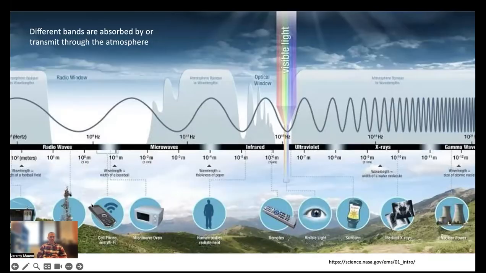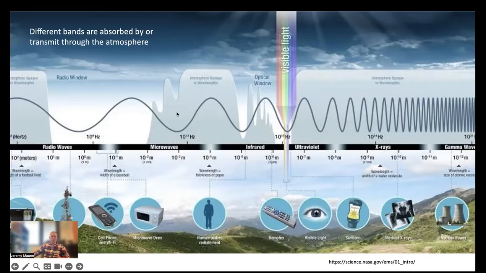Different wavelengths or frequencies are absorbed or transmitted differently through the atmosphere. Visible light is obviously one that's transmitted very well. A lot of our shorter wavelengths get blocked by the atmosphere, which is good for us. And again, you see there are various areas where more or less of the signal gets transmitted versus blocked.